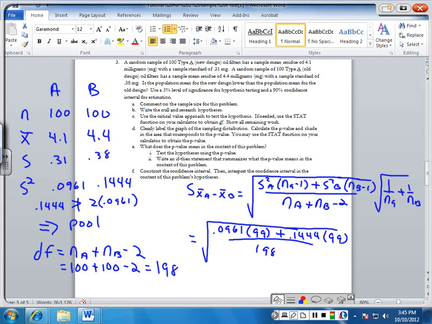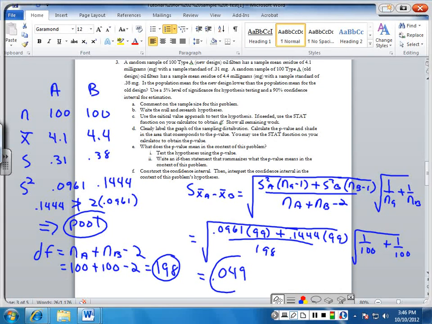And then multiply by the square root of 1 over 100 plus 1 over 100. And you should get 0.049. So that'll be our standard error. We'll want to keep track of that. So remember that we pool, that our degrees of freedom is 198, and that our standard error is 0.049.